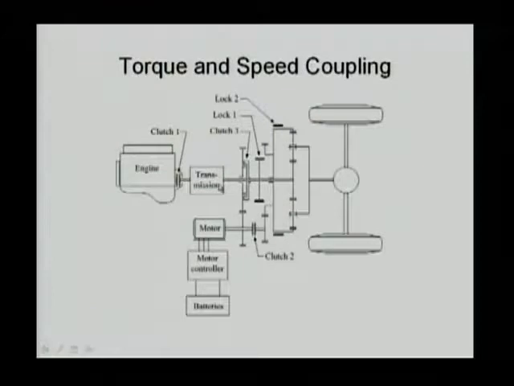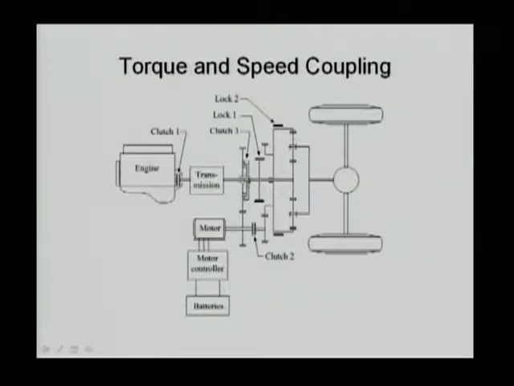We have one electrical motor and one engine. In this diagram, if you look carefully, the engine is still connected to the sun gear. The motor is connected through two gears with clutches. The first gear is connected to the shaft of the engine output, the transmission output, and that gear has clutch number 3.